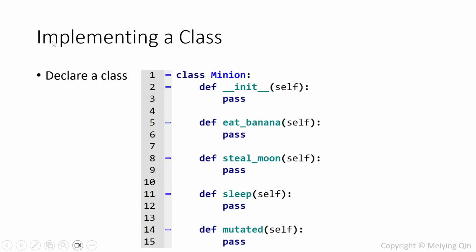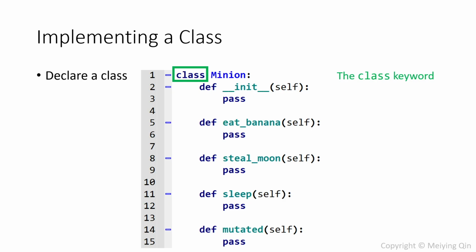Here is how to declare a class. This is the basic structure of defining a class. You just use the keyword class followed by the name of your class. In terms of naming convention, you have to use capitalized words and you don't use any underscore.